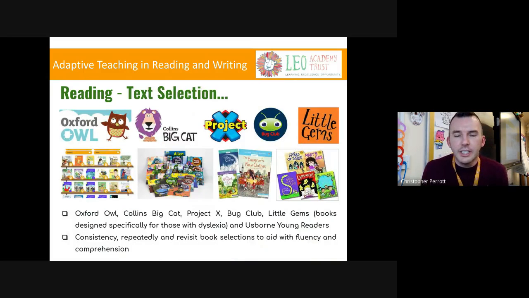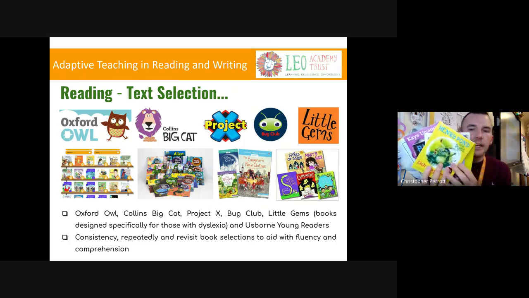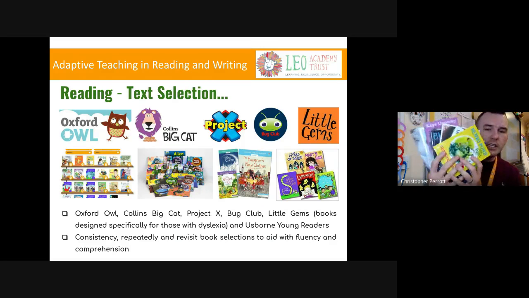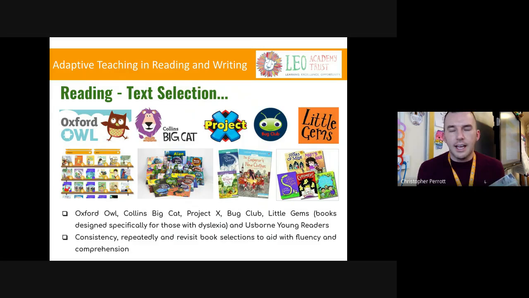So, text selection. In all of our schools across Leo Academy, obviously there is a wide range of books available, whether it's Oxford Owl, Big Cat Collins, Project X, Bug Club, or the one I wanted to talk to you about today, Little Gems. If you haven't got these in your school, it's worth talking to your inclusion team or your DSL at some point, because Little Gems, the Barrington book clubs, are books specifically designed for dyslexic readers, because the text inside has been printed on specially coloured paper.